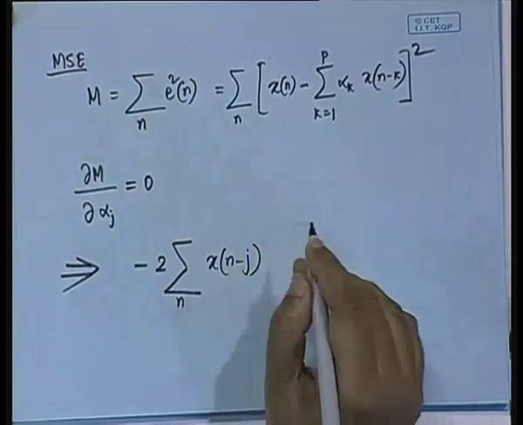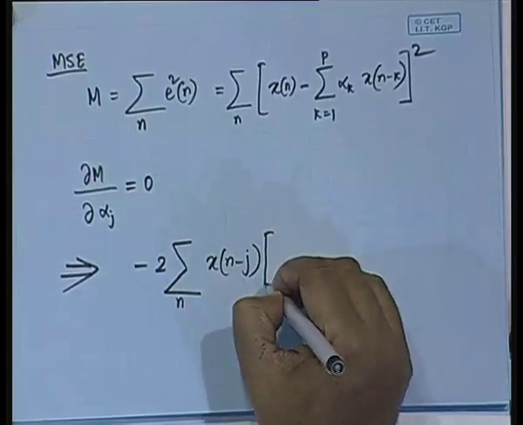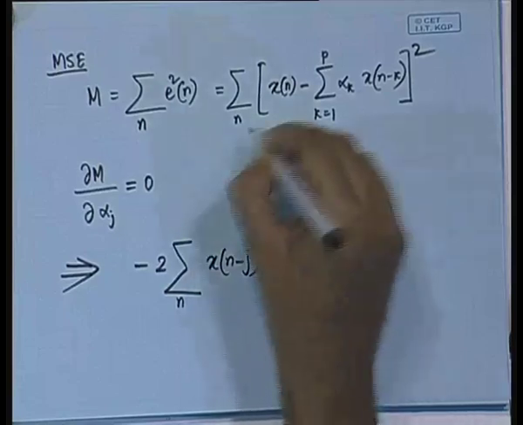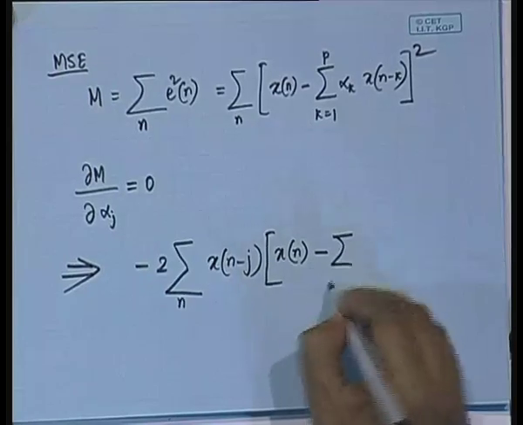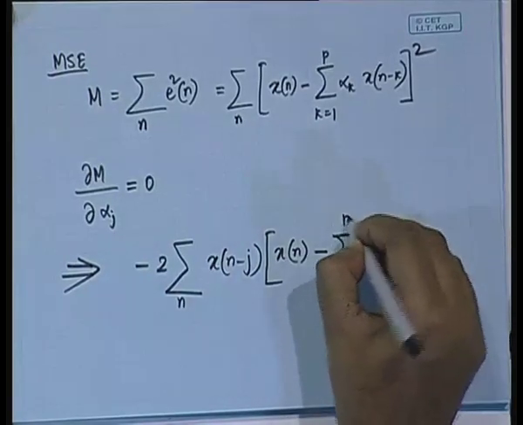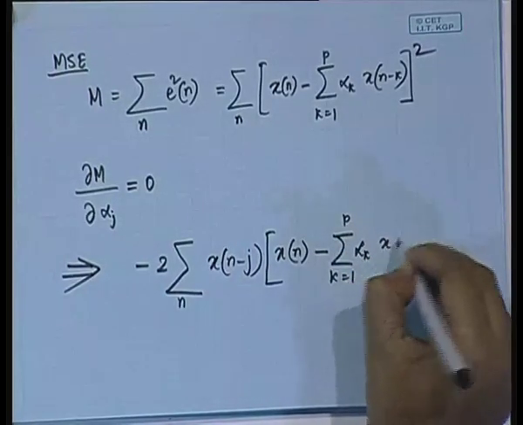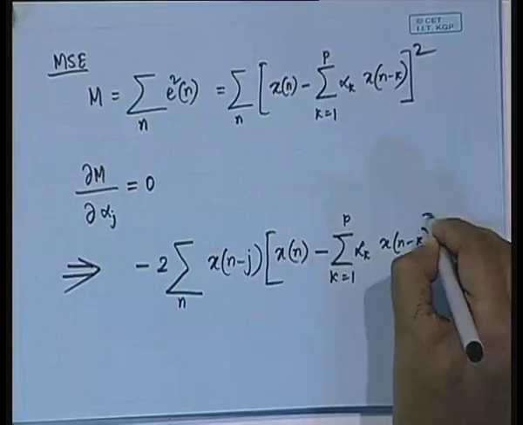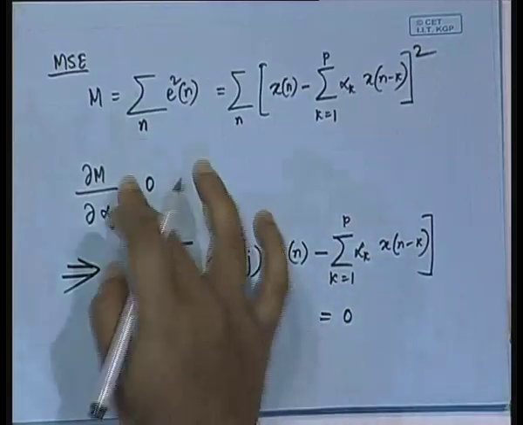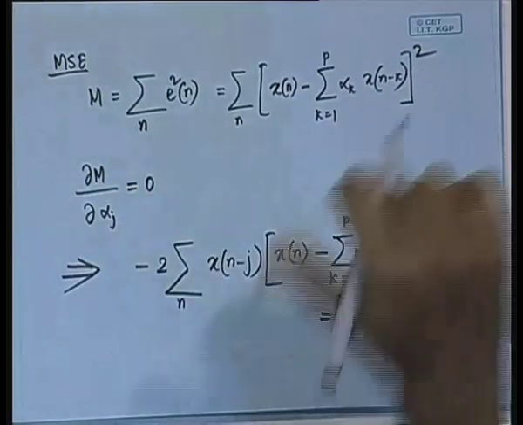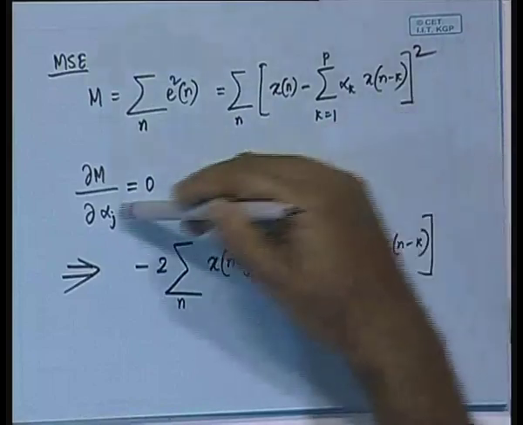You will soon realize why this x of n minus j comes, and then the quantity that we write within the bracket, that is to say x n minus summation k equal to 1 to p alpha k x n minus k, should be equated to 0. This is what we will be getting as delta m delta alpha j.